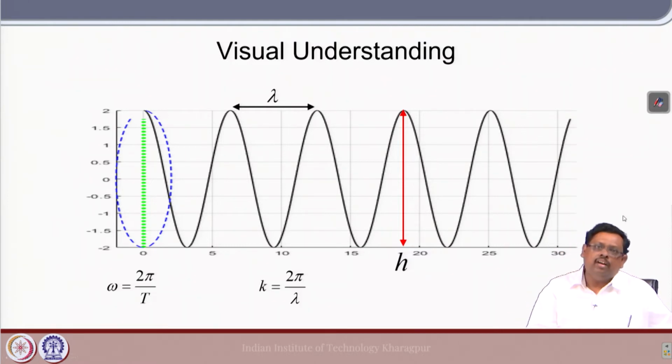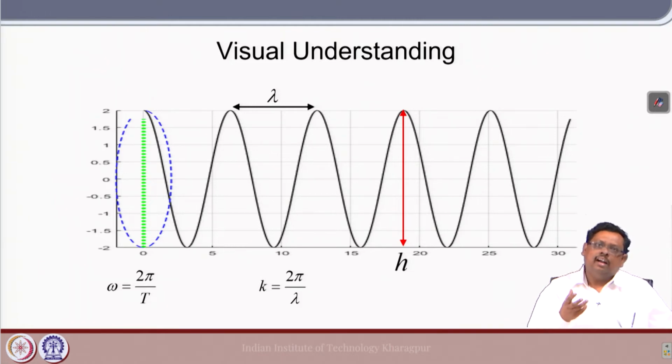Now, similarly, if you fix a point x, let us say you fix a point over x like this green dot, and you see the oscillation of the green dot, then you can see a harmonic motion.